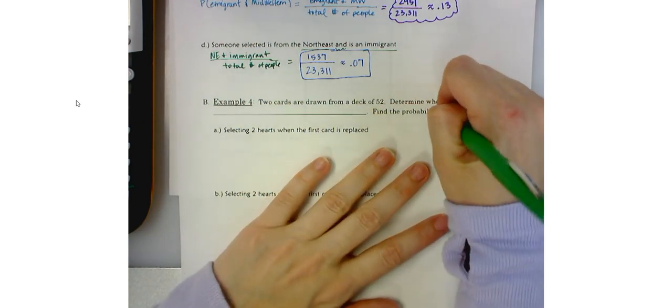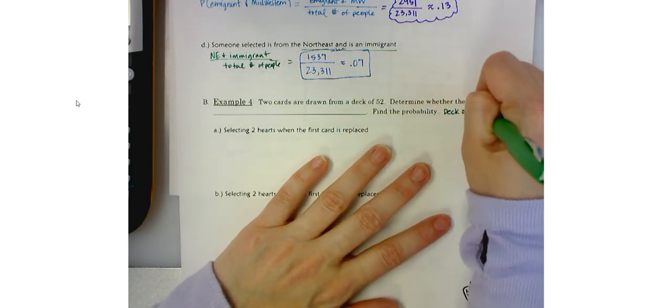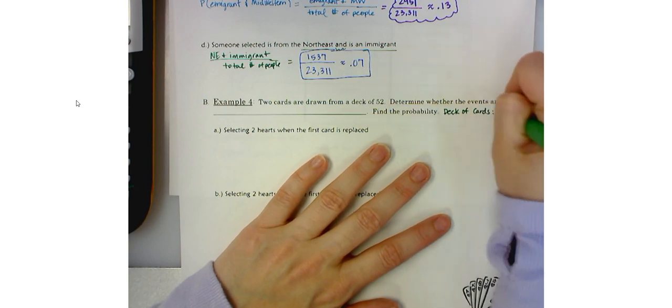When we're doing this, we're going to determine whether the events are independent or dependent. And we're going to find the probability.